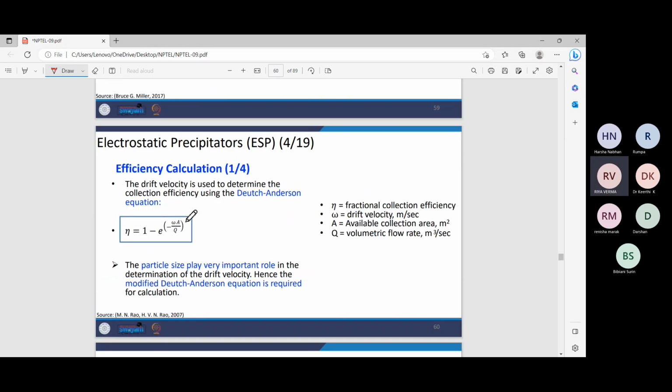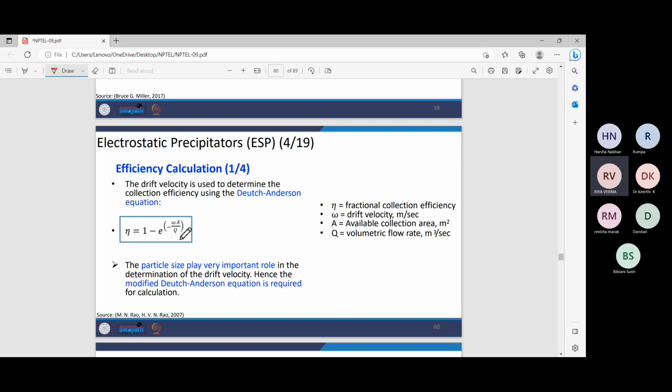The efficiency for the collection of particles from this ESP is given by the formula: eta is 1 minus e raised to the power minus omega A by Q. This equation is known as the Deutsch-Anderson equation.